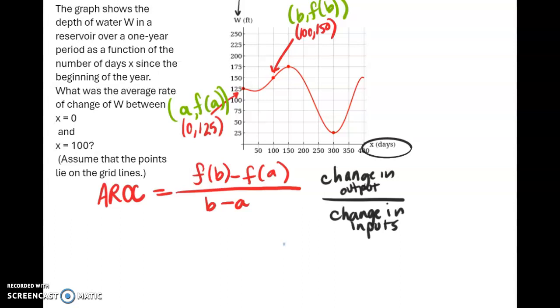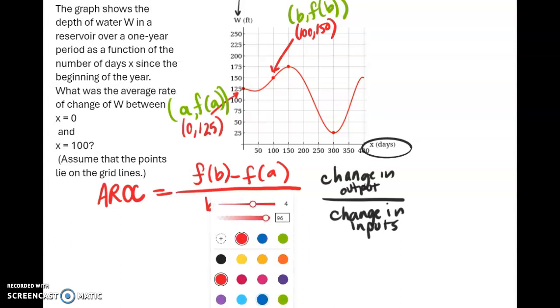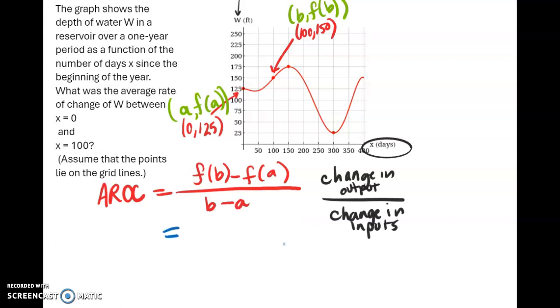And so let's plug those into the formula that we were given. So f of B is 150, I called it. F of A is 125. And B is 100, and A is 0.